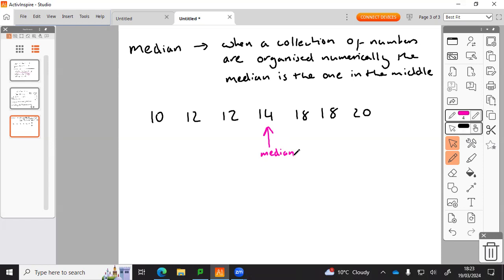It splits it into 2 equally sized parts. So you can see that number in the middle, there's 3 on the left and 3 on the right. Now, all the numbers are numerical, so that's quite important as well.